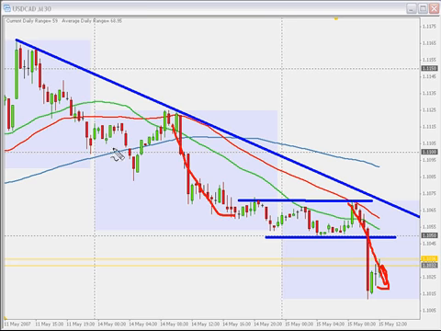Swing down, swing up, swing down, consolidation, and another swing down. Very typical formation. So what's next? Well, next is once again to wait for price to reach the area, to let the moving averages catch up with price. I'm liking this level, the 110.50.